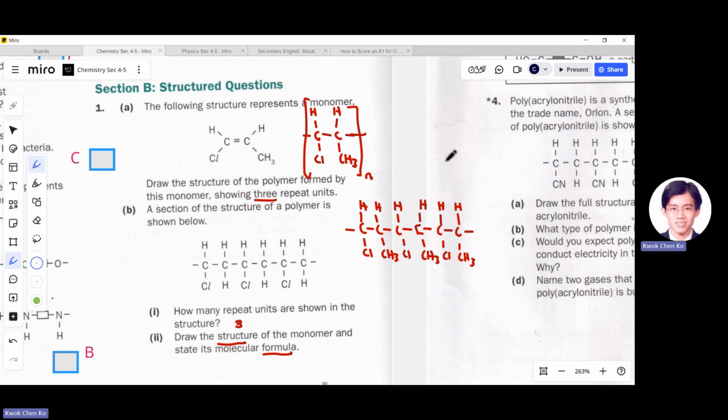Oh, done? Formula? Oh, you don't know what's the formula? Okay. C2H3Cl. Always starts with C, followed by H, then followed by O, but there's no O, and then followed by halogens. Okay, so the simplest way to write it is C2H3Cl. Job done.